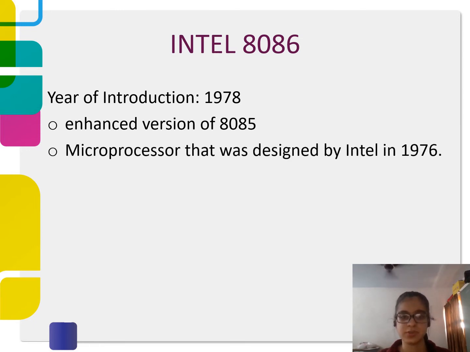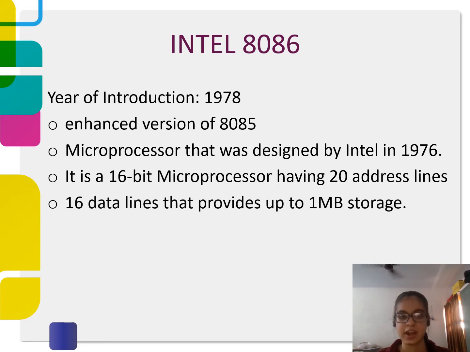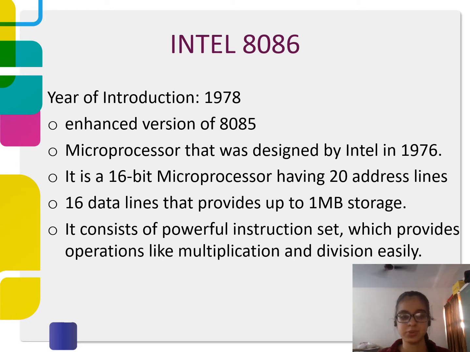The 8085 microprocessor was also designed by Intel in 1976. It was a 16-bit microprocessor having 20 address lines and 16 data lines that provide up to 1 MB storage. It consists of a powerful instruction set which provides operations like multiplication and division easily.